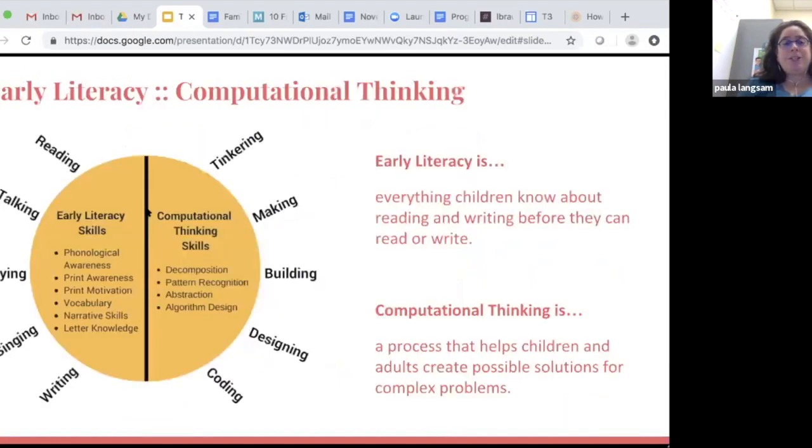So there is a relationship between early literacy and computational thinking. Early literacy is sort of getting you prepped for learning how to read and write. And computational thinking, it's not just this, but part of it is beginning to understand complex ideas and how they can be broken down into pieces. So how you can start understanding, observing, and interacting with large ideas and problems.